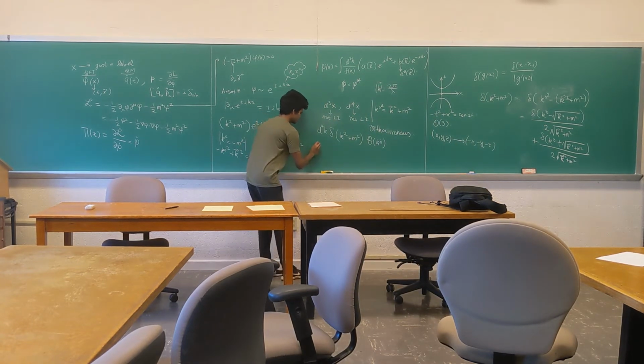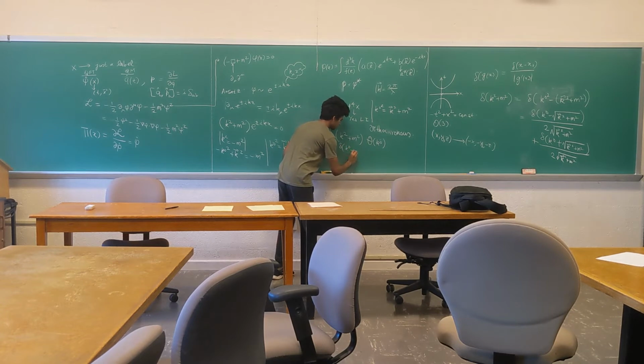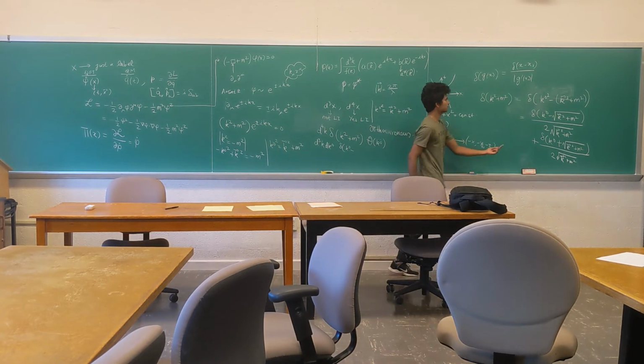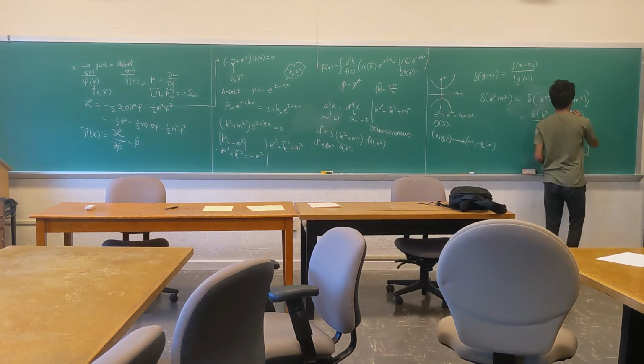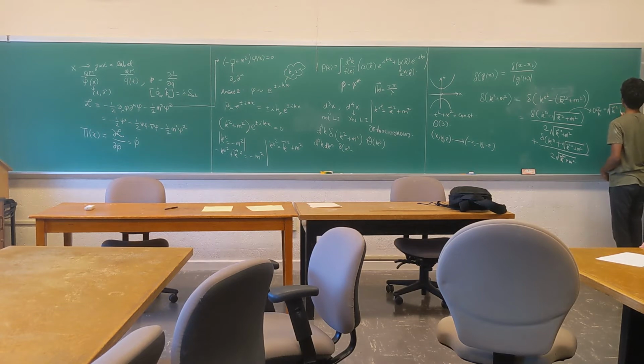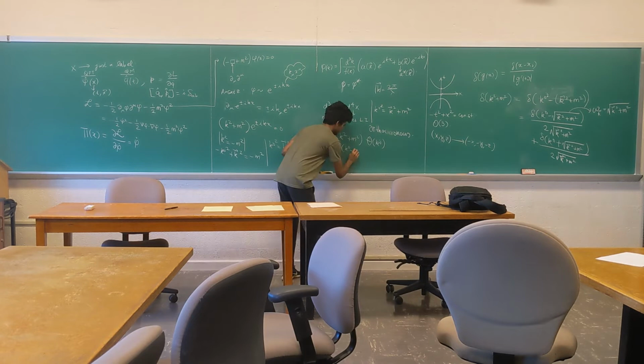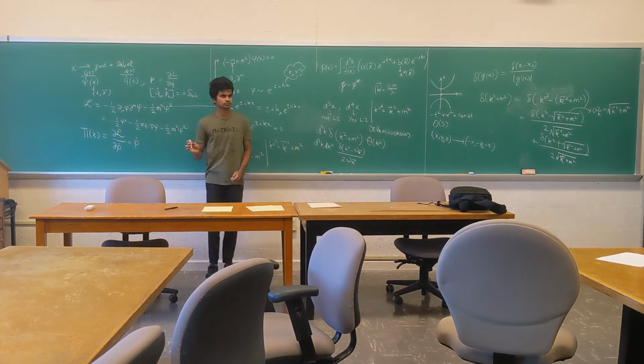So we have d3k dk naught delta of k naught minus, let me call this guy omega subscript k. I put that here. Omega t by, that's it.